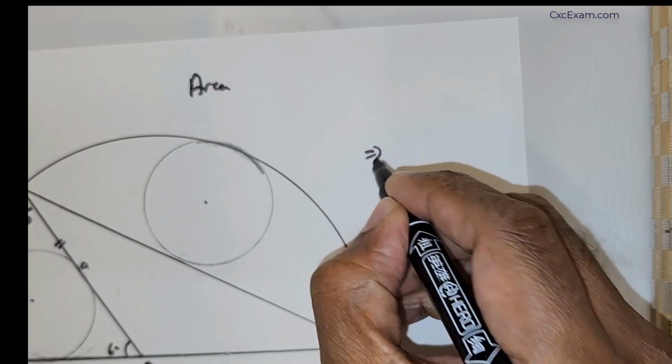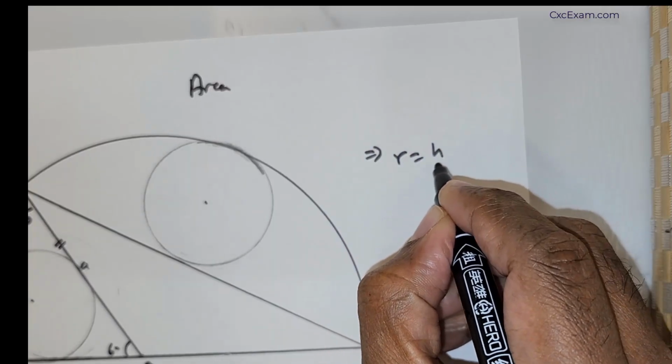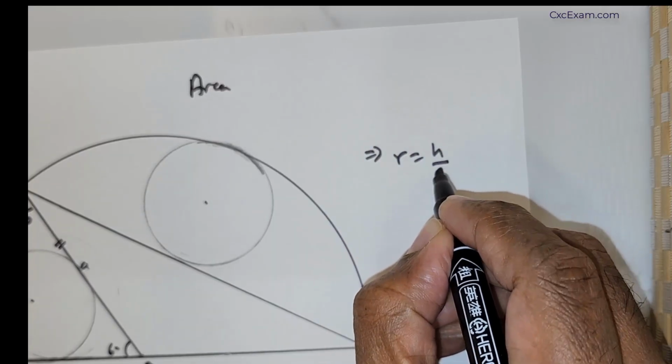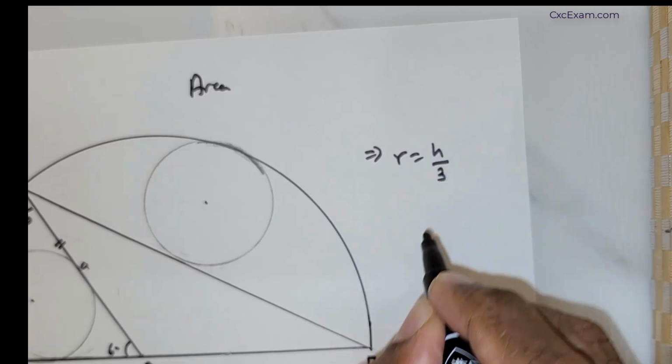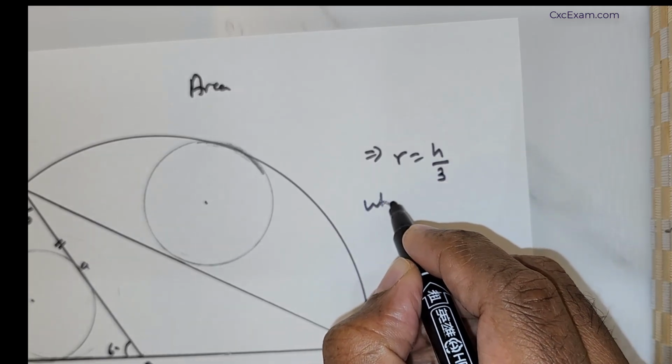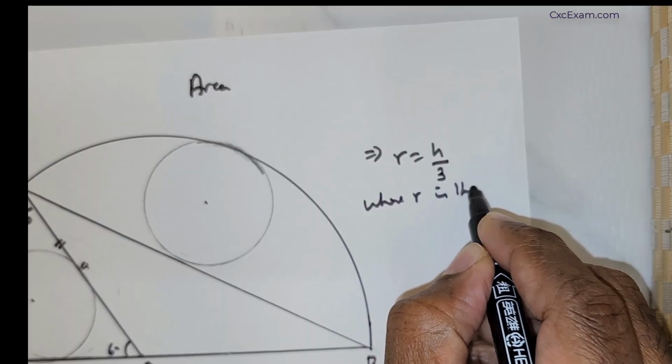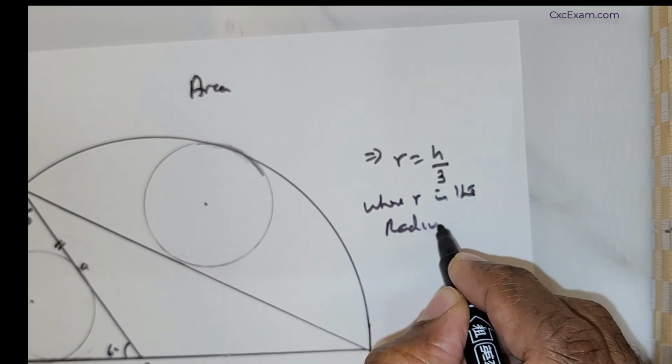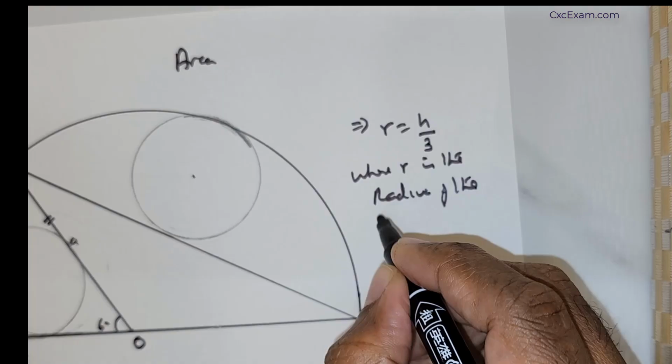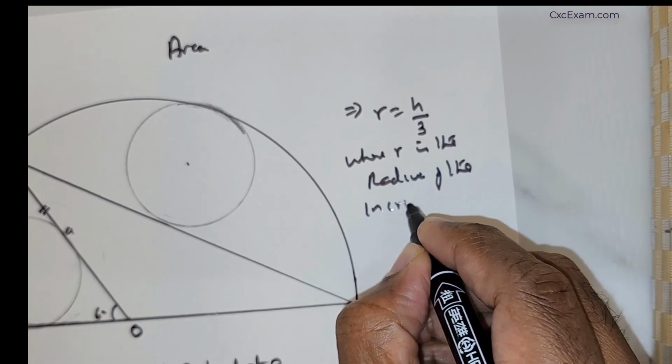Now, if it is an equilateral triangle, then R is equal to H over 3, where R is the radii of the inscribed circle in the equilateral triangle.